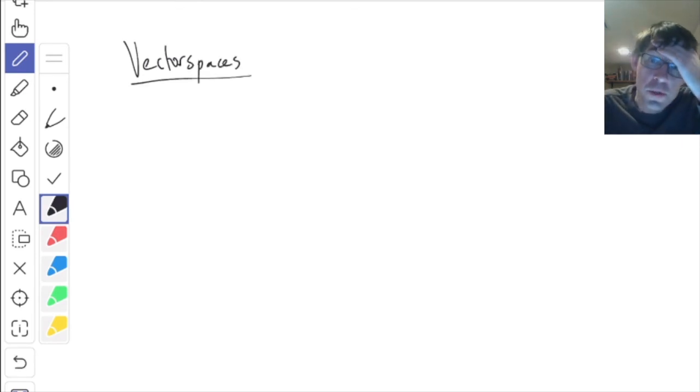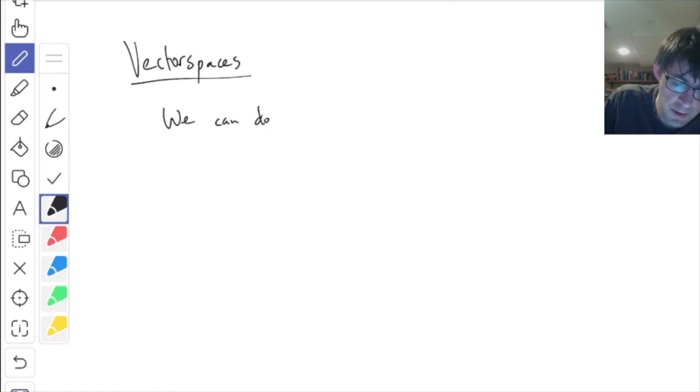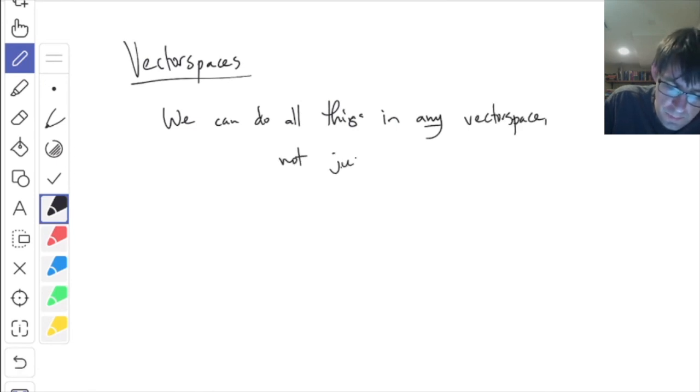Most of linear algebra concerns the set of vectors Rn, right? You're doing all of these things in the Euclidean space Rn. But we can do all this in any vector space, not just Rn.